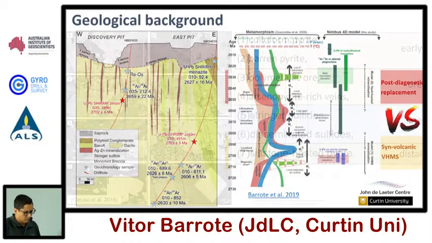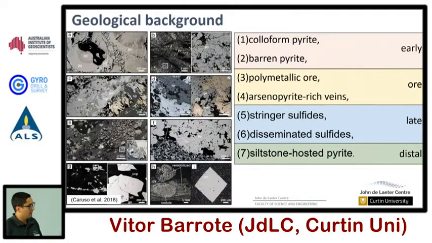To answer that, I had a look at the different sulfide phases. This is a description of all the sulfide phases from Nimbus, from a paper by Caruso and others in 2018.